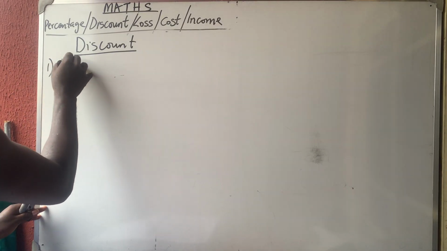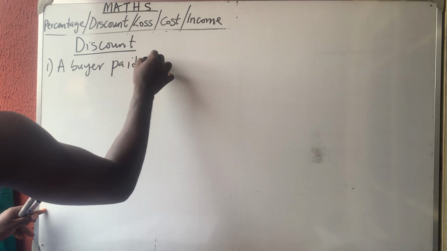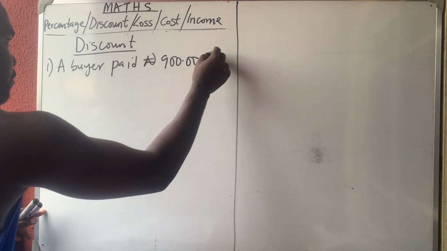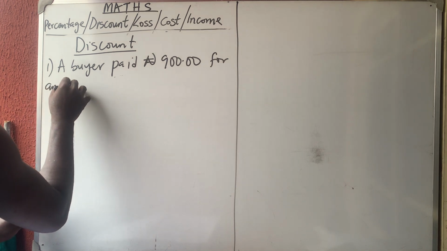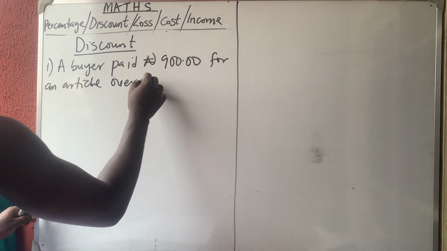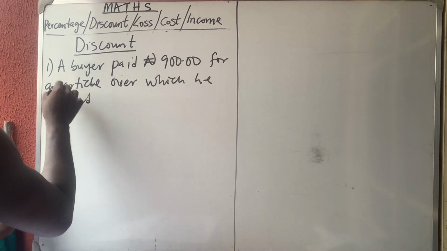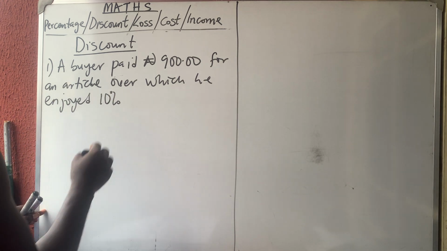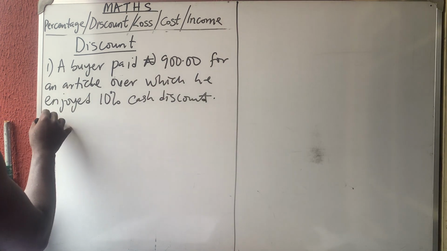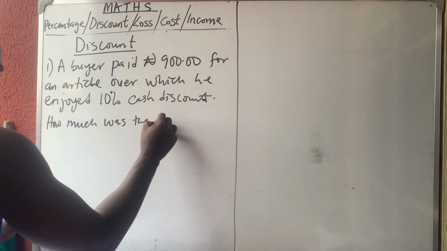It said a buyer paid 900 naira for an article over which he enjoyed 10% cash discount. Then how much was the marked price?